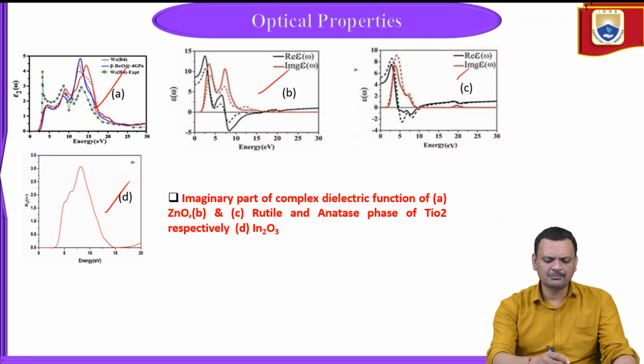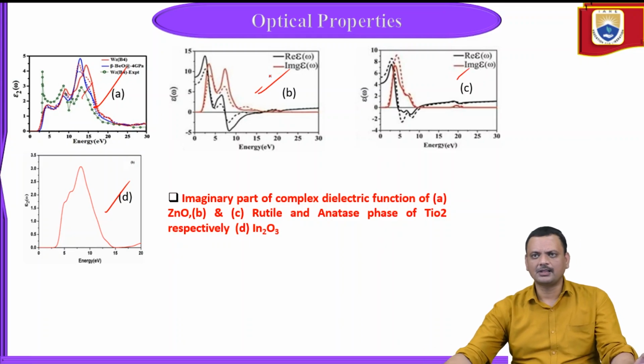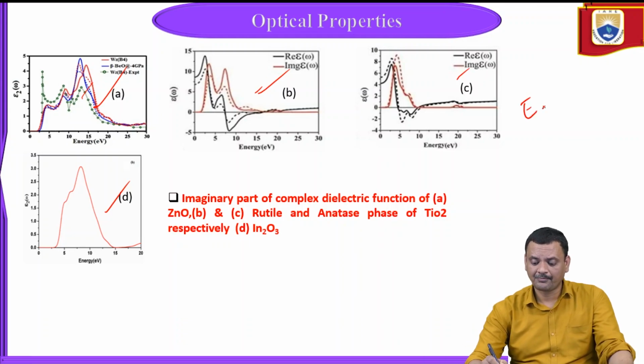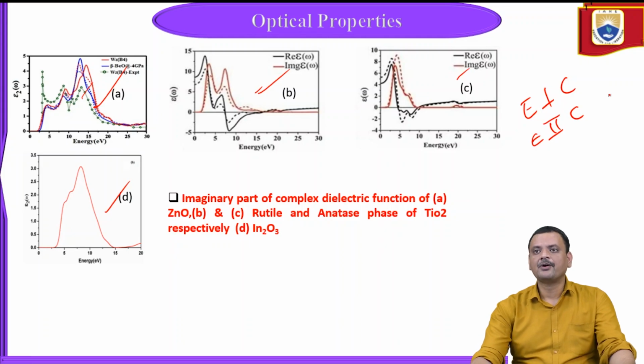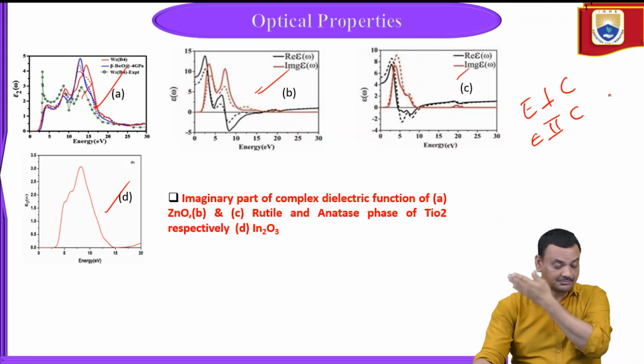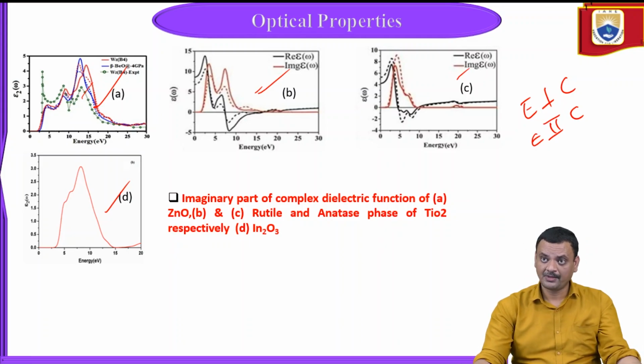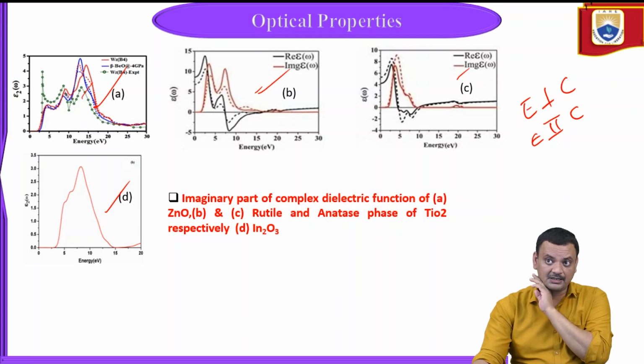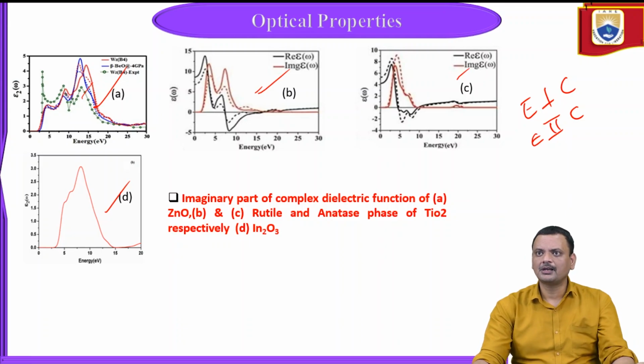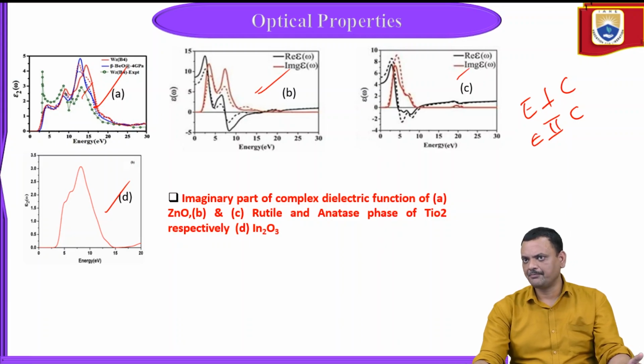Here in two figures, many curves are there. Actually there are E perpendicular to C and E parallel to C, two axes. If the crystal has centrosymmetry, there is no anisotropy, so both E parallel and E perpendicular to C are the same.